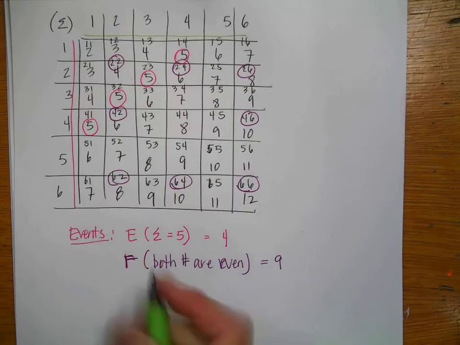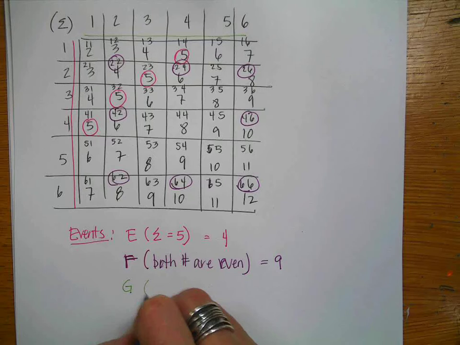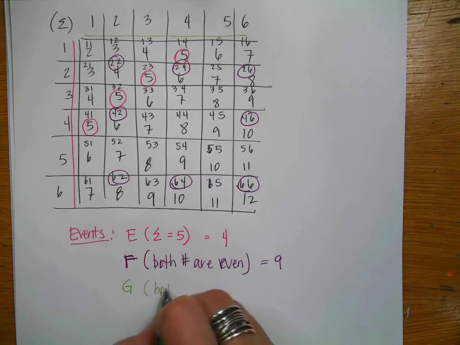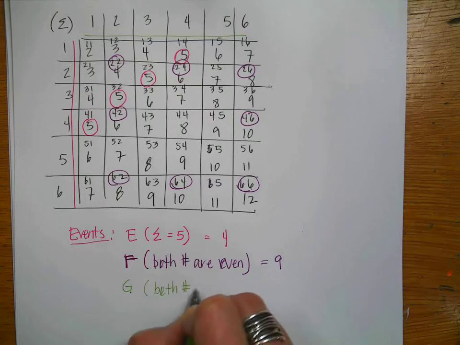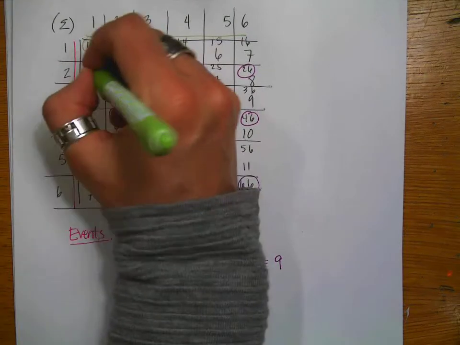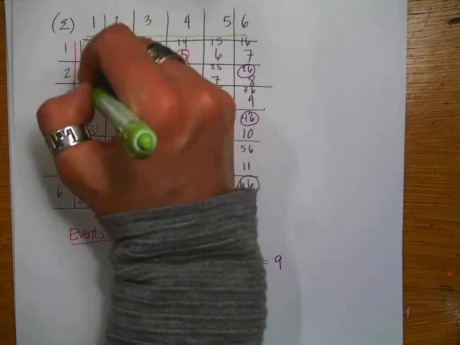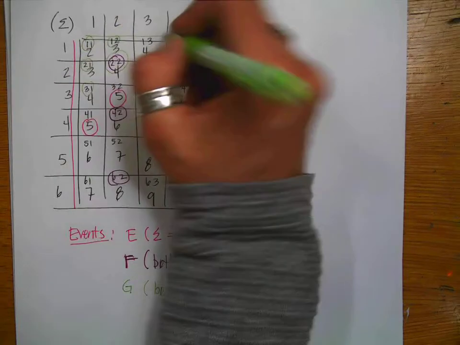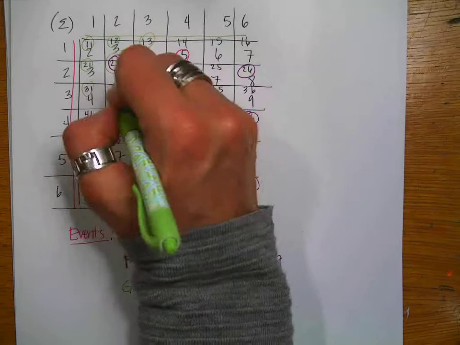Okay? And then the last one that we're going to do is G, and that both numbers are less than 5. Okay? So the green ones, both numbers are less than 5, are going to be this, and notice that I'm going to have some overlap.